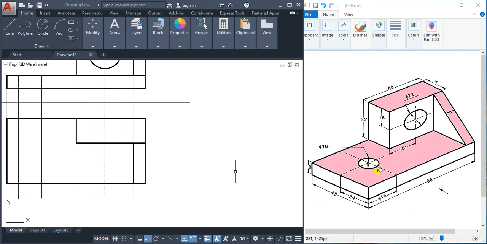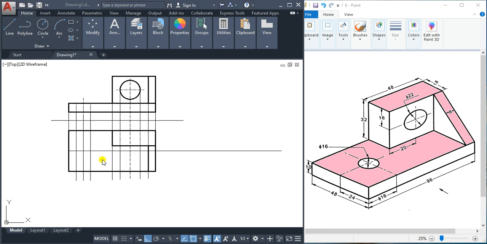So to draw this circle, we require one more axis line, this horizontal axis line, which is at a distance of 24 from this line. From that line we'll draw an axis line there, and from this we have to measure 24, and we'll draw an axis line, suppose up to this much length.